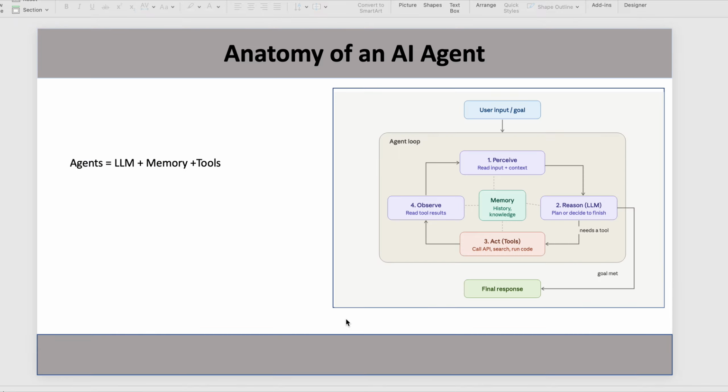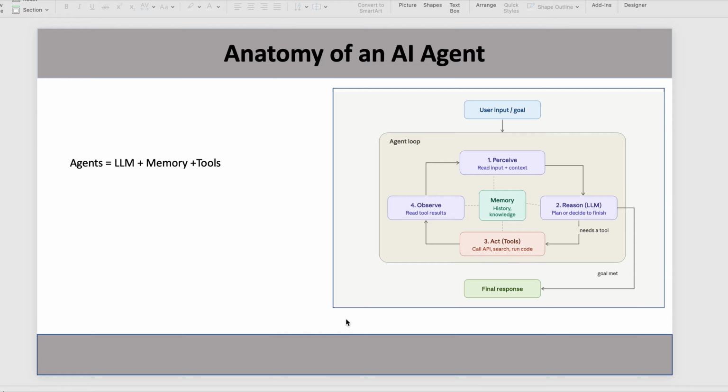Now we will see the anatomy of an agent. An AI agent is built from three key parts working together. An LLM, large language model, that acts as the brain for thinking and decision making, memory that helps it remember past conversation and important context, and tools that let it take real world actions like searching the web, running code, or calling APIs.